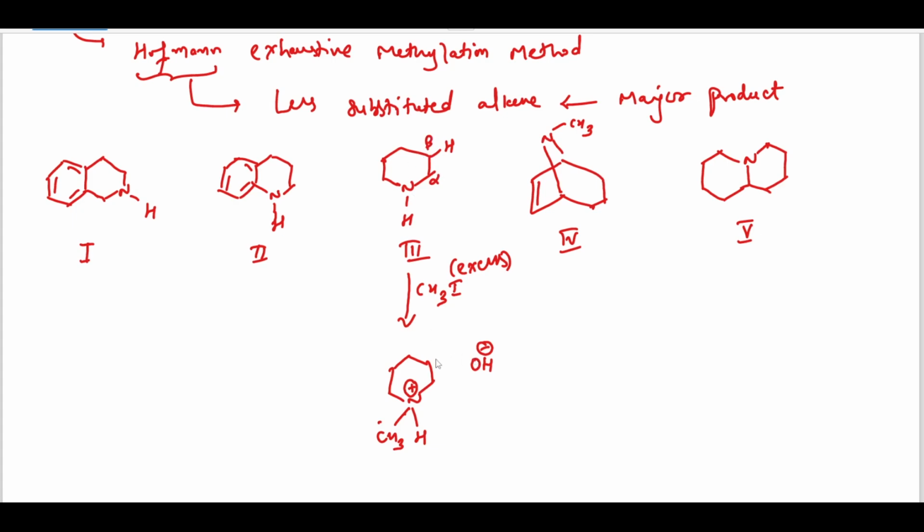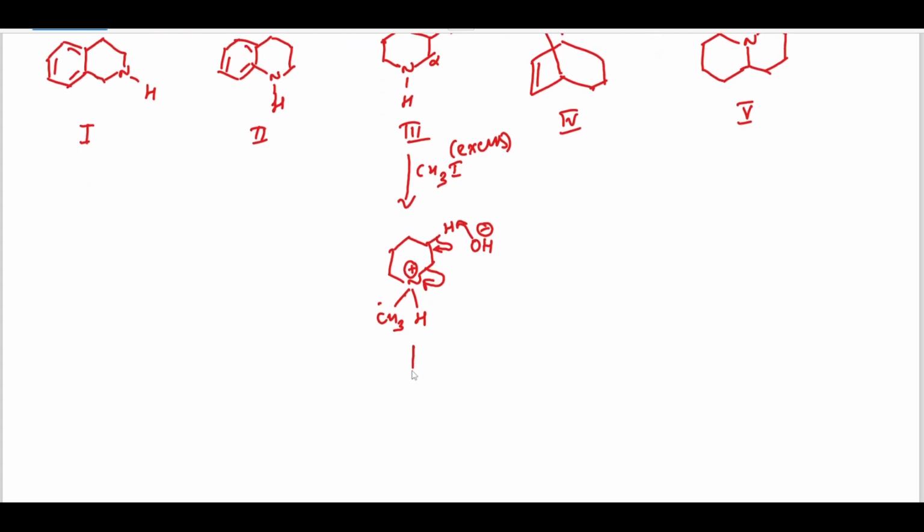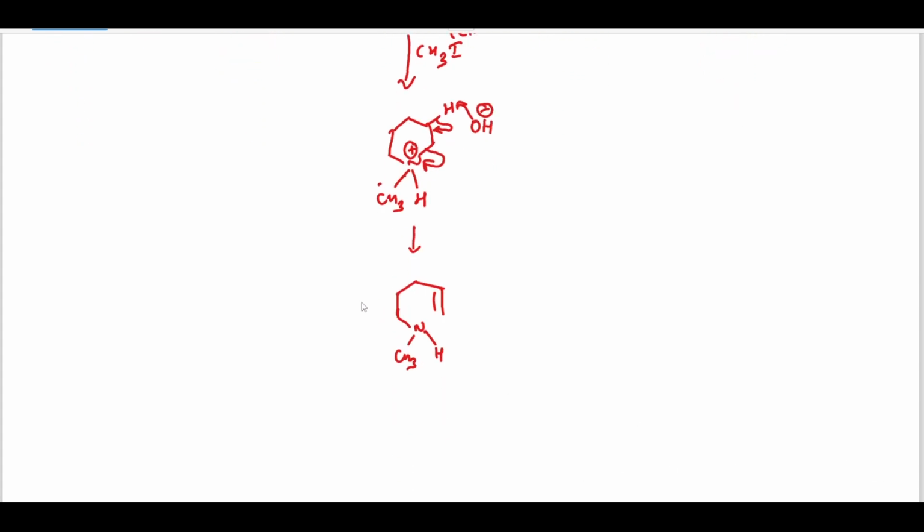So this anion will abstract this proton and these electrons will shift here and these electrons will shift there. So in this way, alkene will be formed. Less substituted alkene will be formed because as in the Hoffman, less substituted alkene will be your final product.